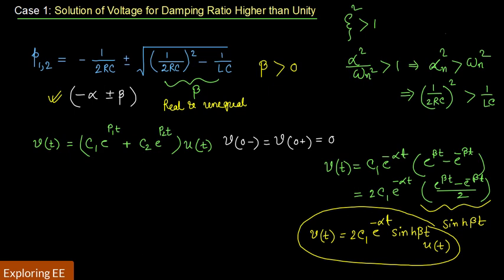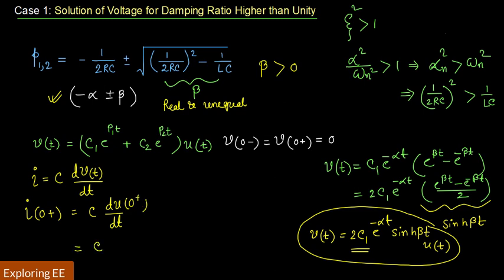Now the value of C1 can be found from another initial condition. That is, initially the capacitor behaves like a short circuit, so the entire current I is flowing through C at t equal to 0 plus. The capacitor current at t equal to 0 plus can be obtained from the relation I equal to C times dv dt. So I at 0 plus equals C times dv dt at 0 plus.